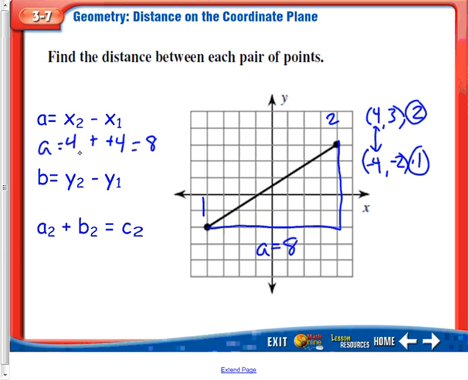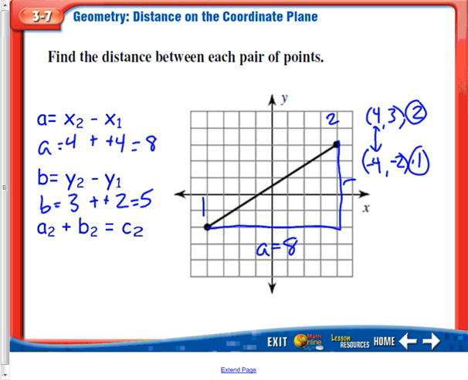So there's just kind of a mathematical way to do that. So looking at y2, this is our second value, so y is 3, so we're going to say 3 minus y1, which is -2, so 3 minus -2. So as you can see, we have an uh-oh. We'll fix that, and so we'll say that b equals 5.